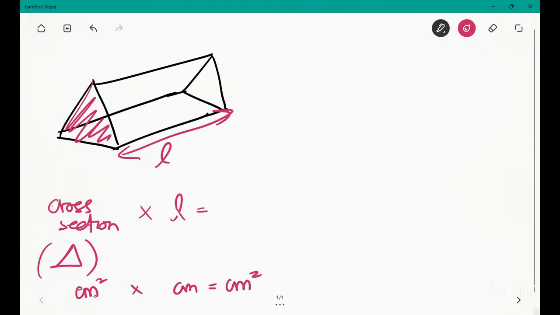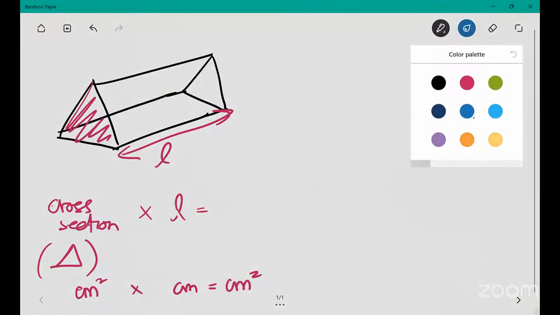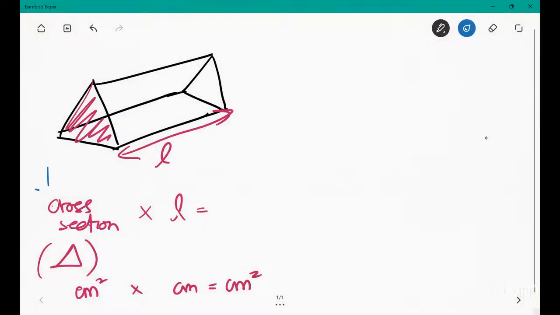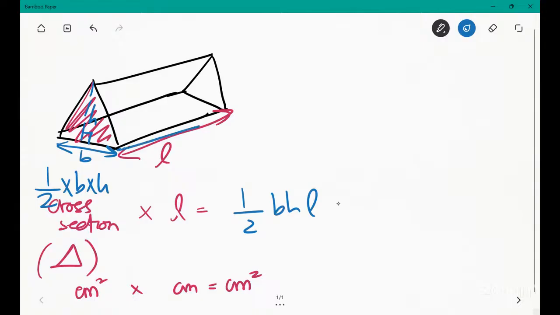So here cross section of your triangle, half into base into height into length. So here half, base, height, length. The height is this perpendicular height here, that's H, and this is B, and this is the length. Did everyone understand?